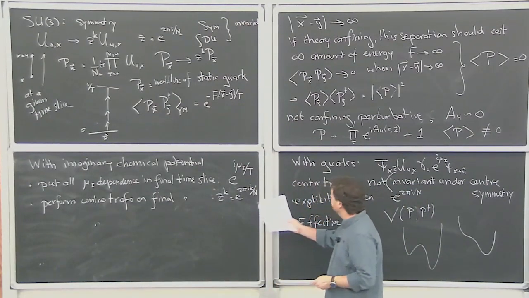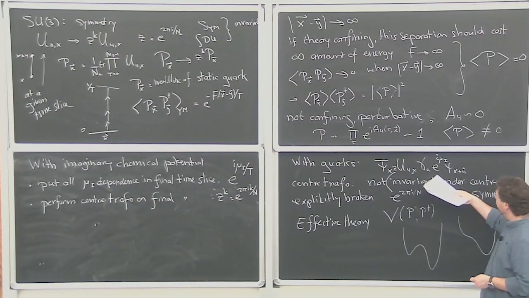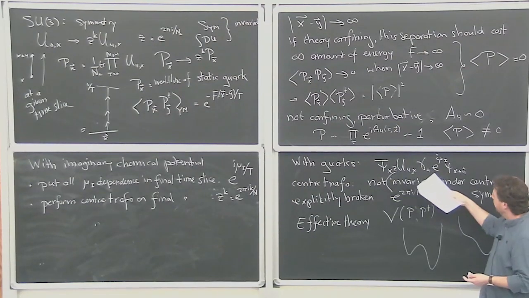These two then naturally combine, because I put the chemical potential dependence in the final time slice, and I multiply the links in the final time slice with this phase, and they exactly appear together.